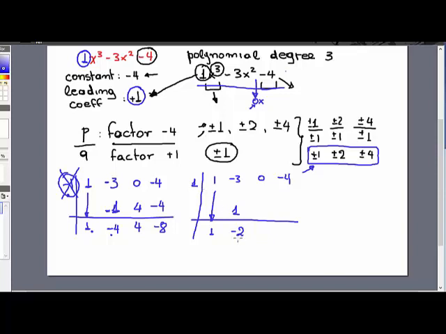You multiply 1 by -2 and the result is -2. You put it down. You multiply 1 by -2 and the result is -2. And the final result is -6. So this means again that 1 is not a solution of this polynomial.